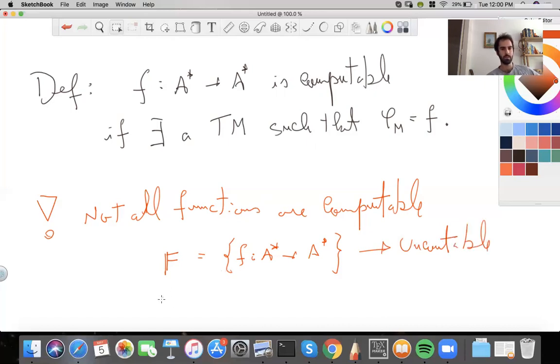Now, the set of all Turing machines, this is the set of all Turing machines, this set is countable.